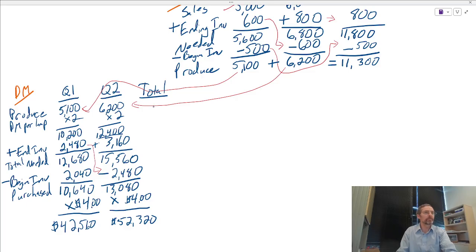All right, let's do a total column because we usually need to do that. The total that we need to produce was 11,300, 2 pounds each. And sorry, I need to get my calculator out. So 11,300 times 2 is 22,600. Ending inventory, just like the production budget, this is coming from what is our total ending inventory, and that's the 3,160.